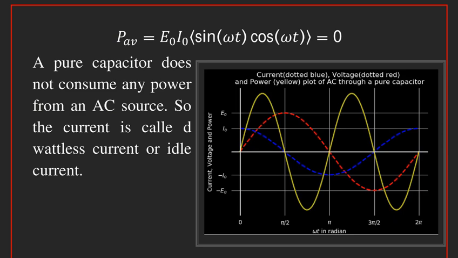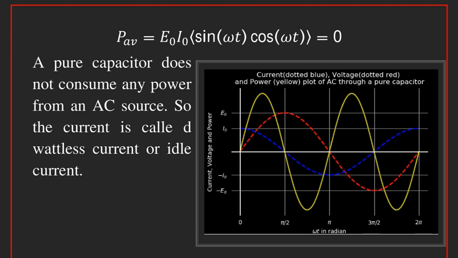The average value of sin square theta and of cos square theta is half, but the average value of sin theta cos theta is 0. So what is the result? A pure capacitor does not consume any power from an AC source, but it can offer a capacitive reactance against the flow of AC. So the capacitor can be used to control the AC current without any energy wastage.